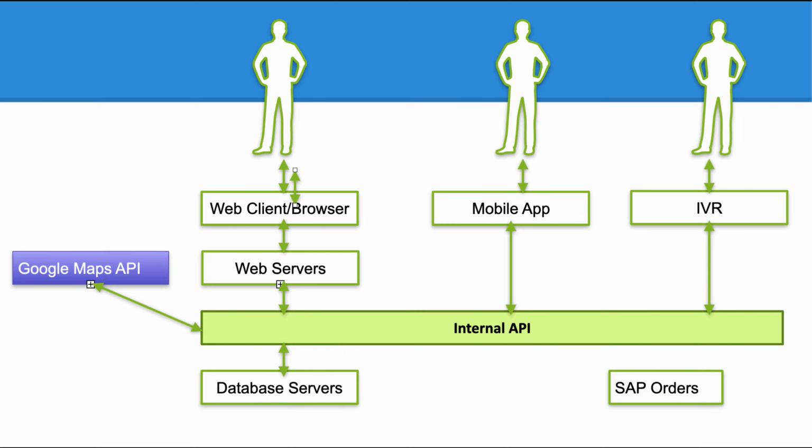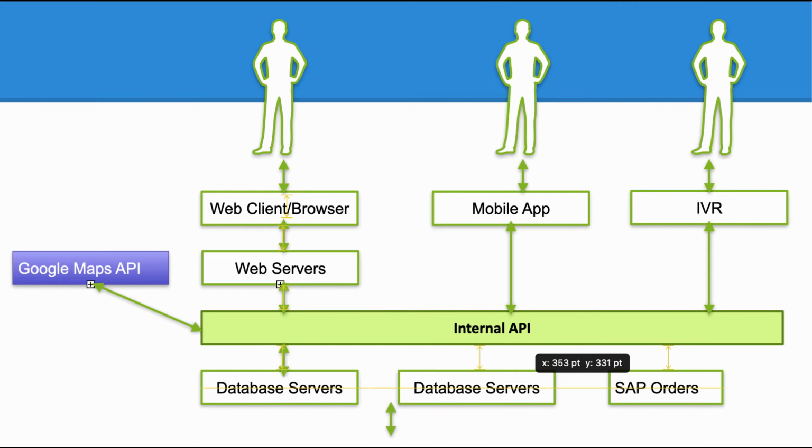So I'm going to draw something here real quick. I'm going to put something in the middle here. I'm going to call this an ETL process or batch app or ETL.